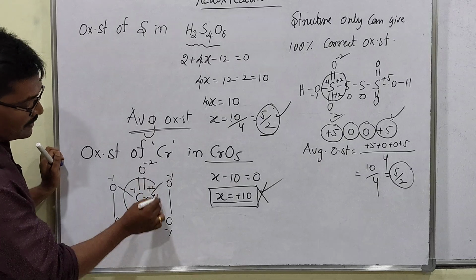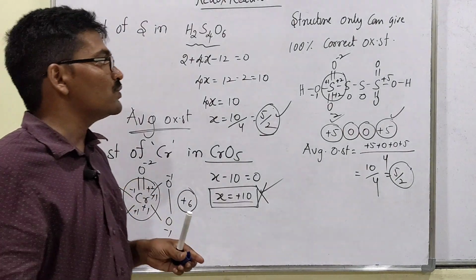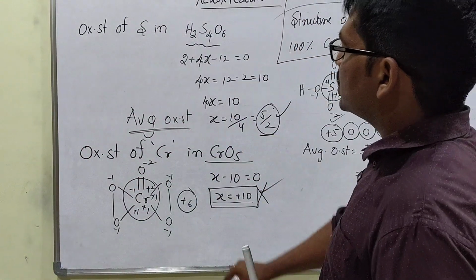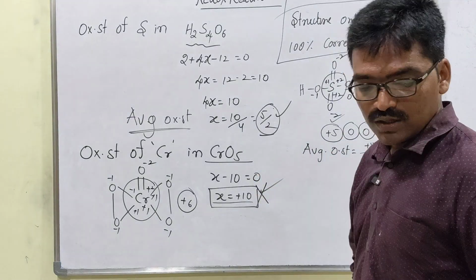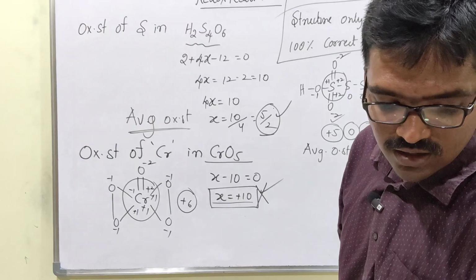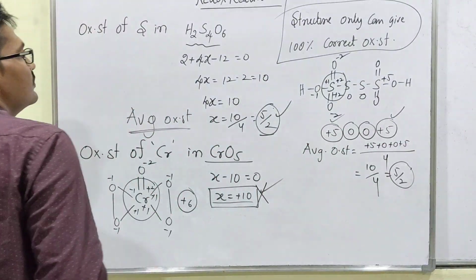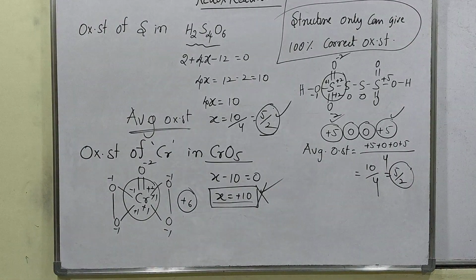So totally chromium plus 6 oxidation state. So that's what I told. Structure only can give 100% oxidation state. So we have the structure. These are exceptional cases. So we cannot find these exactly by using this formula. Understand, my dear students? Yes, some more exceptional cases we'll see. So note it all of you.